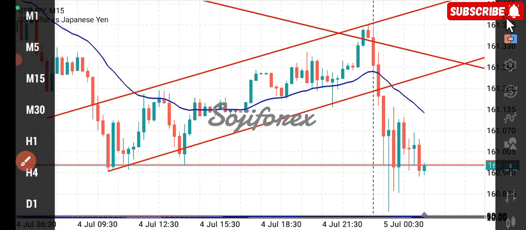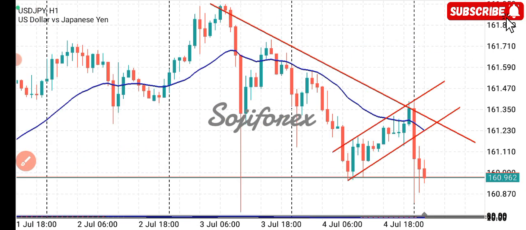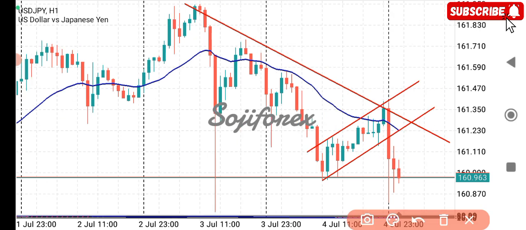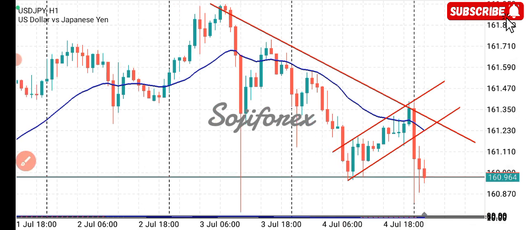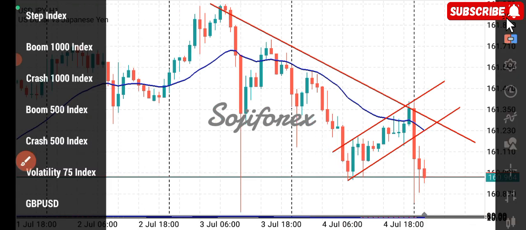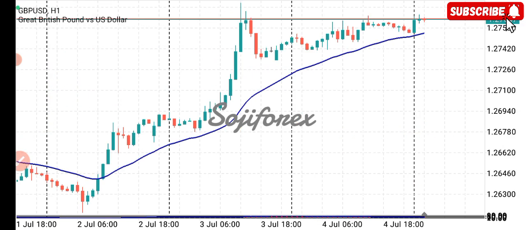Okay, until price turn its way, either by breaking our trend line or closing above our moving average. Otherwise, we will remain in this price scenario and we'll be looking for opportunity to sell.